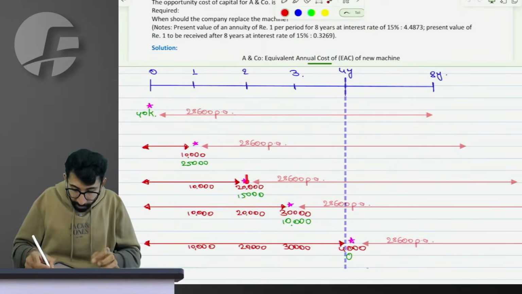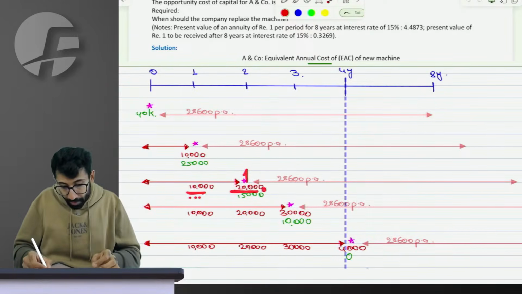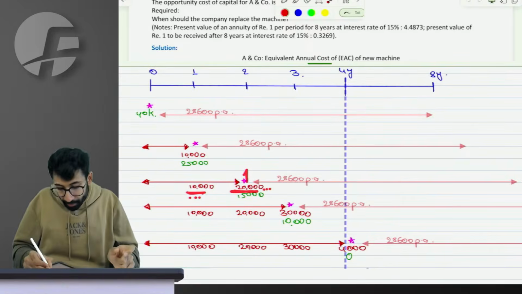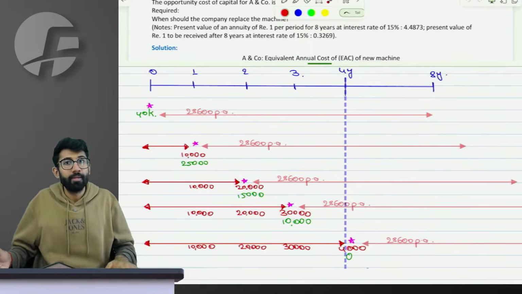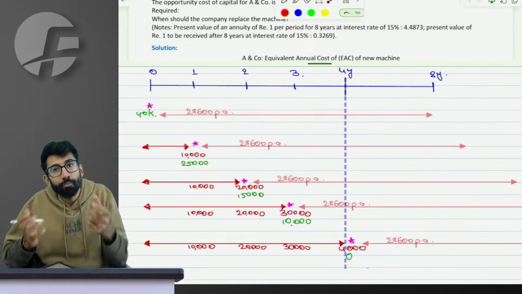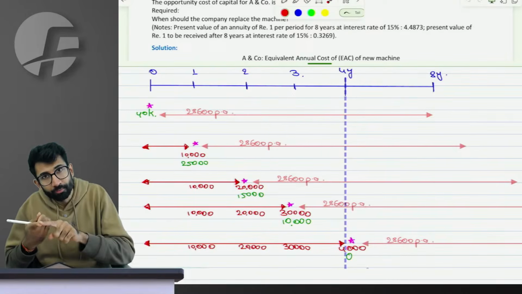At the end of 2nd year, if you replace, 10,000 is the maintenance you will incur. 2nd year operation maintenance will be 20 and you will realize only 5, and similarly for 3 years, similarly for 4 years. Is the data clear? It is a combination of both the concepts that we have learned, whether I should replace or not.